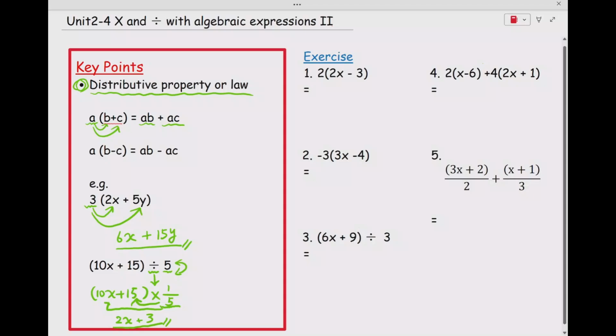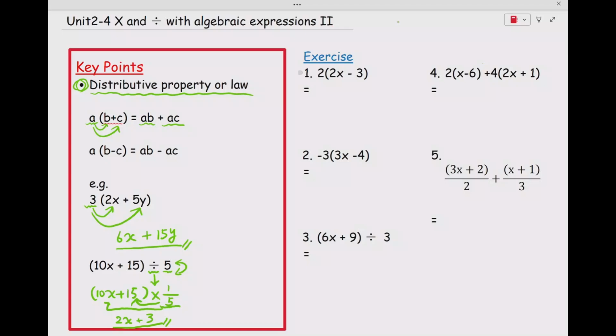Now, let's look at the exercise. If you think that you can answer these questions yourself, feel free to stop this video and try it yourself first. If you are not so sure, then let's continue to look at this together. Question number 1. 2(2x - 3). As you can guess, you need to use distributive property to remove the brackets.